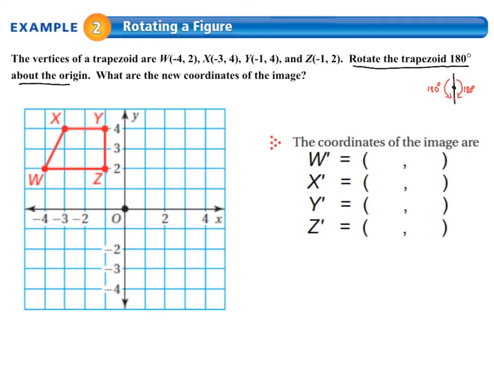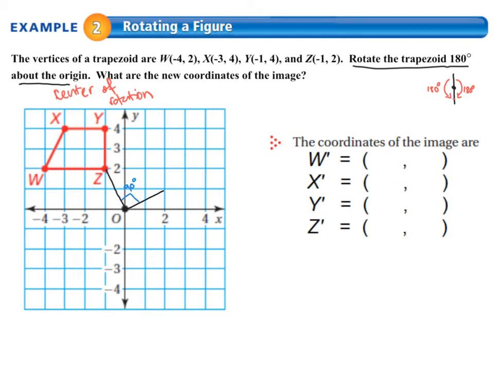So it does not matter if you say clockwise or counterclockwise. So 180 degrees, and then the next part, about the origin. That means the origin is your center of rotation. And essentially your figure is like it's attached by a pole and it can't move from that distance. So as we rotate this around, Z is always going to be that far away from the origin.